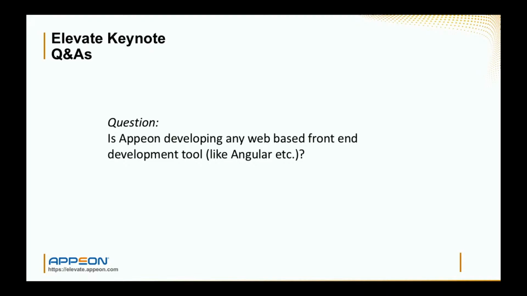Question: is Appian developing any web-based front-end development tool like Angular, etc.? Sure. Snap Develop will support developing ASP.NET Core HTML apps in C# or HTML apps in JavaScript or TypeScript.